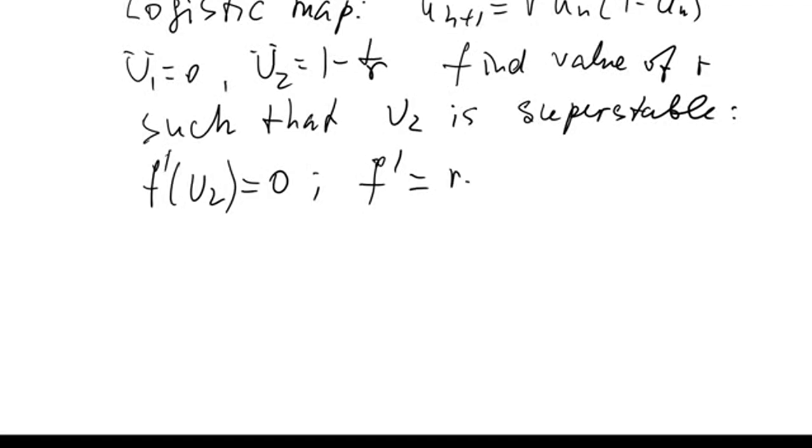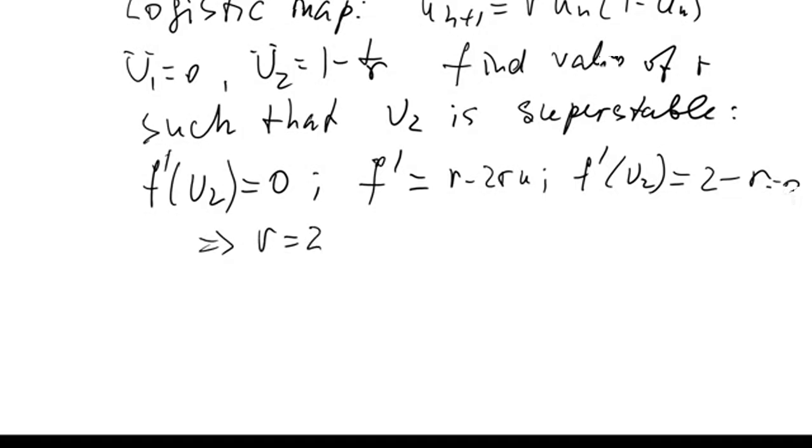We know that the derivative is given by the formula r minus 2ru, and therefore the derivative at u2, we derived it before, equals 2 minus r. And if we require it to be 0, we find out that r equals 2.